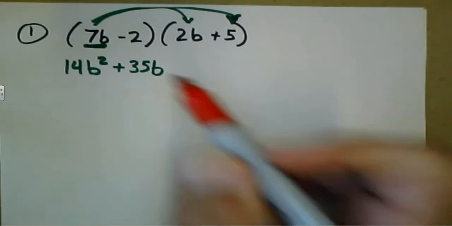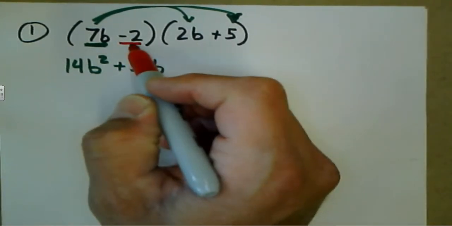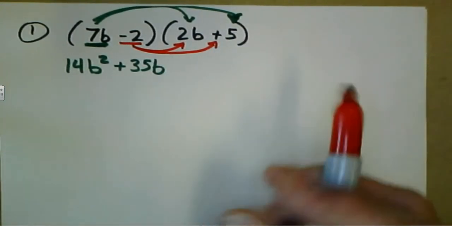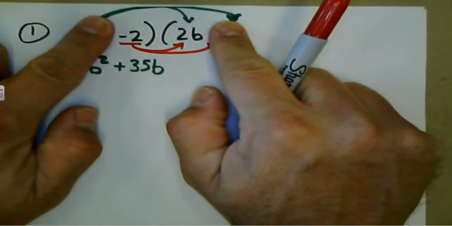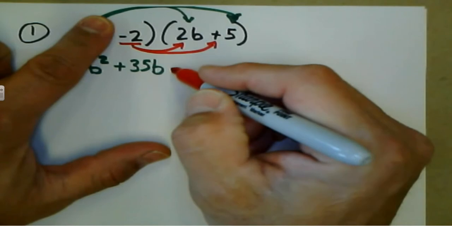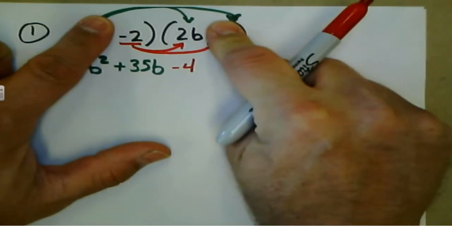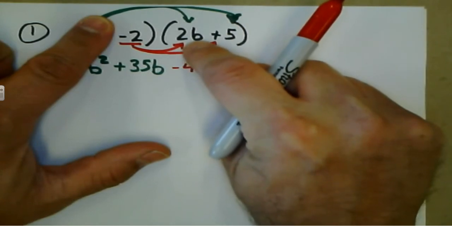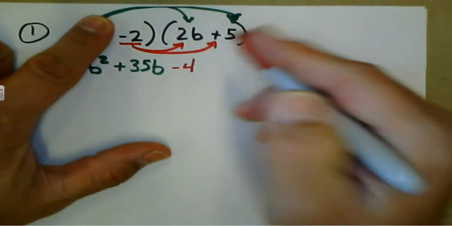Now we're going to take this negative 2 and we're going to multiply it by each one. So all we're going to worry about is here. So negative 2 times 2, negative 4. How many b's do they have together? What's that right there? 1b.